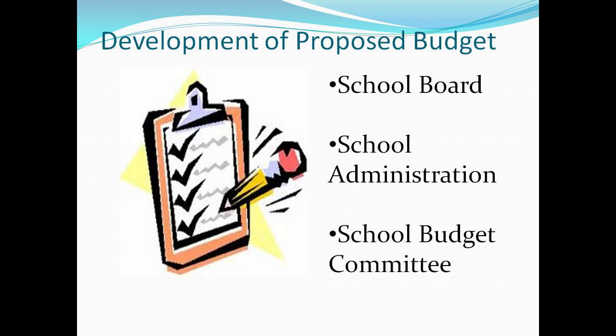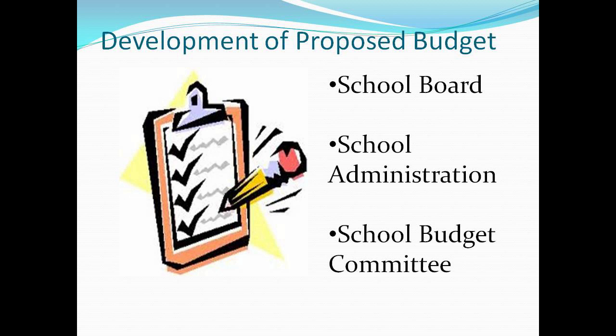The school district's proposed budget is developed in a process that begins in April and goes through January every year. The school board sets budget goals for the administration. The budget committee reviews historical budgets and expenses to get ready for budget preparation. The administration develops a budget proposal and presents it to the school board and to the school budget committee.